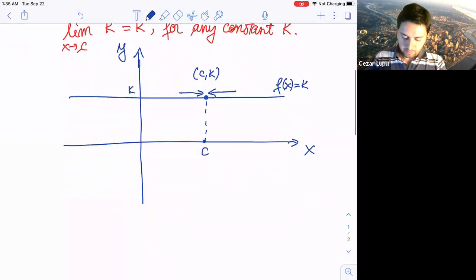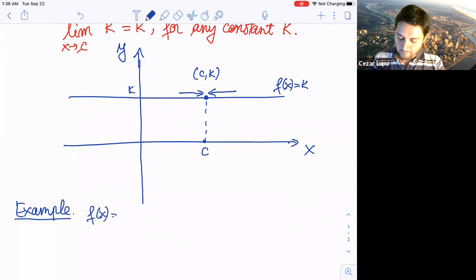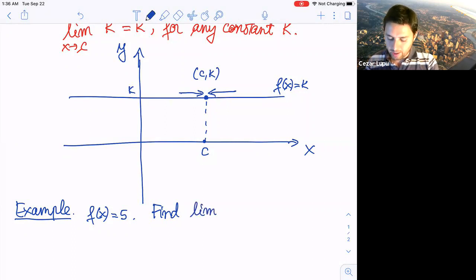For example, to be more specific, let's say I have f of x equals 5, right? So I have a constant function 5, and we'd like to see what is the limit. So we would like to find the limit as x approaches 9, let's say, of f of x.